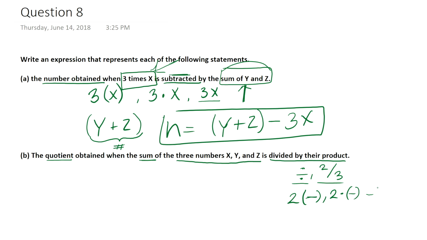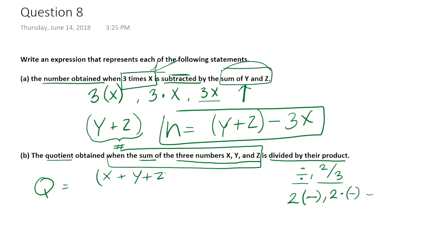So we're going to go ahead and look at the first one. It says when the sum of these three numbers here is divided by their product. We're going to go ahead and give the quotient the letter Q. We'll make it a capital Q. So Q is equal to the sum of the three numbers, so x plus y plus z, divided by their product.